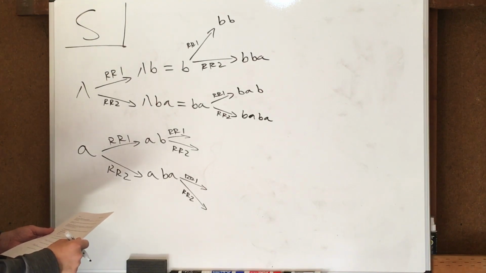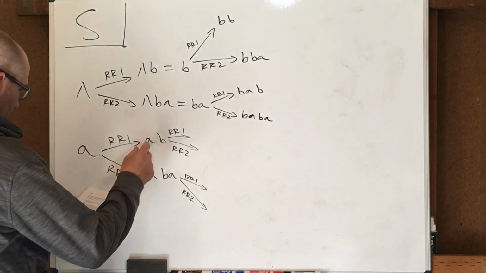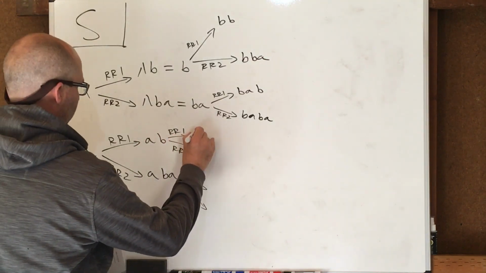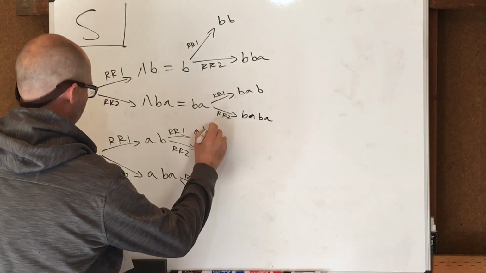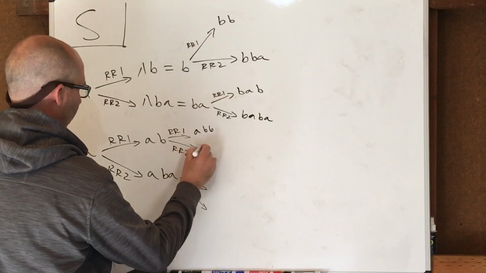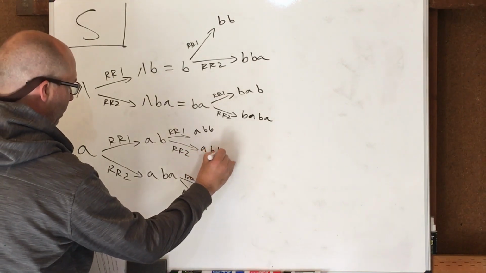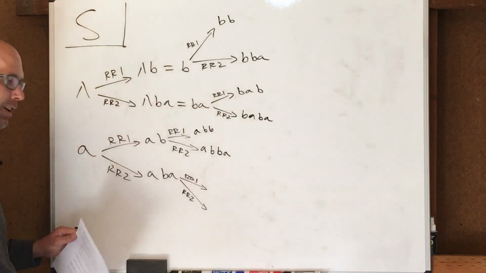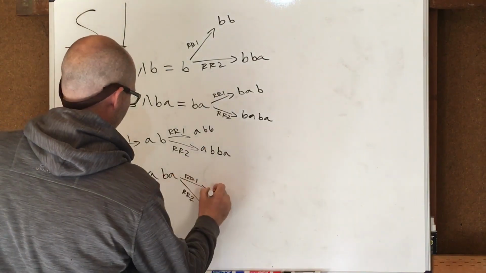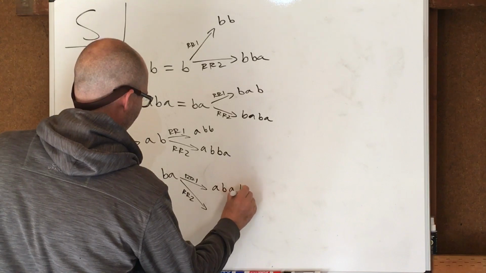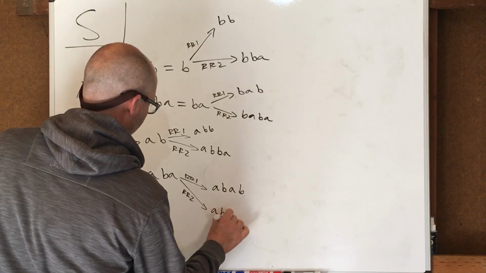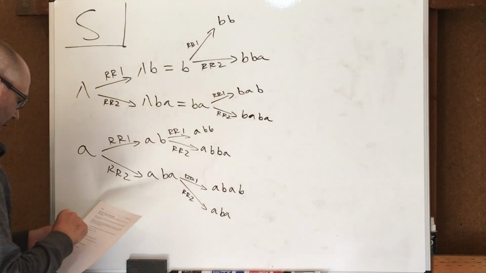Put it with a ba, and then here we put it with a b, so we've got a, b, b, and here we've got a, b with a ba. Yeah, abba. Put this one a, b, and a, b, a. That's our x. It goes with a, b, a.